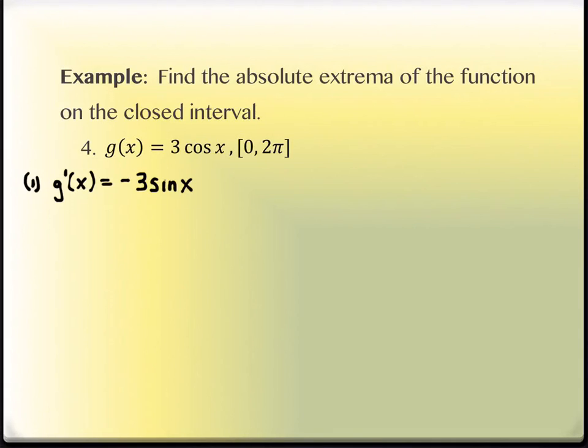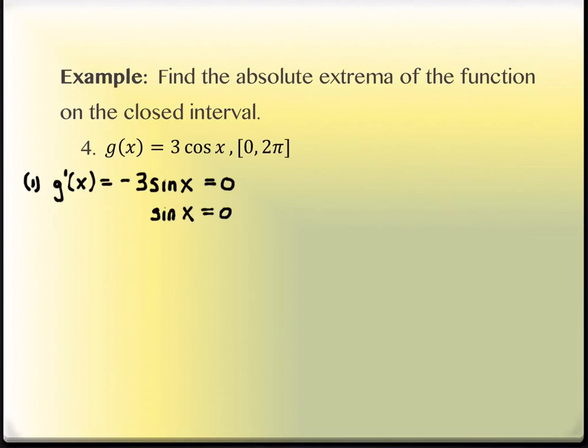All right, so there's this one. What am I going to do with this derivative now? Set it equal to 0, which then starts to look like a unit circle problem. It's not a hard unit circle problem though, okay? What am I going to do with the negative 3? Divide it, right? And if I divide it to the other side, what happens? Yeah, it goes away. So in some sense, I'm sort of ignoring it. This is going to be equal to 0 when the sine of x is equal to 0.